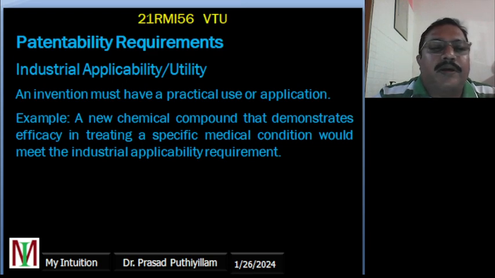For example, the invention should have a practical purpose, or so-called tangibility, to check. For example, for hypertension, if a chemical compound is formulated to treat it, then it has industrial applicability, because it has practical use.